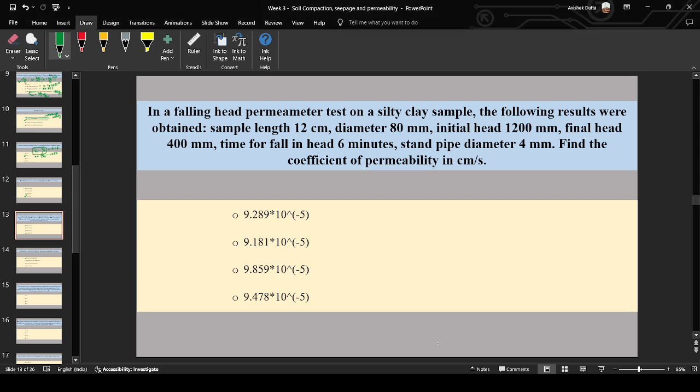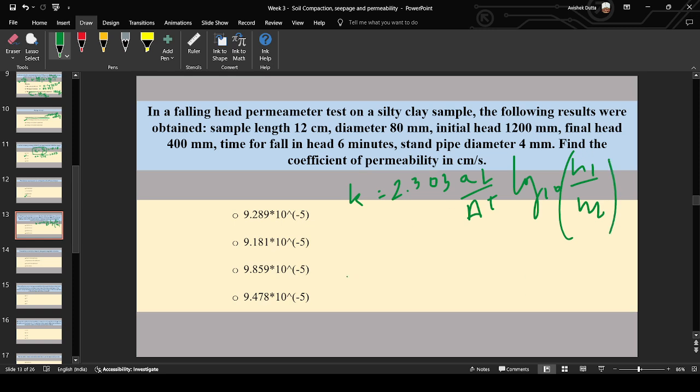Okay, so here we have to find out the value of K. The value of K is equal to 2.303 aL divided by AT, log to the base 10 of H1 divided by H2. Okay.